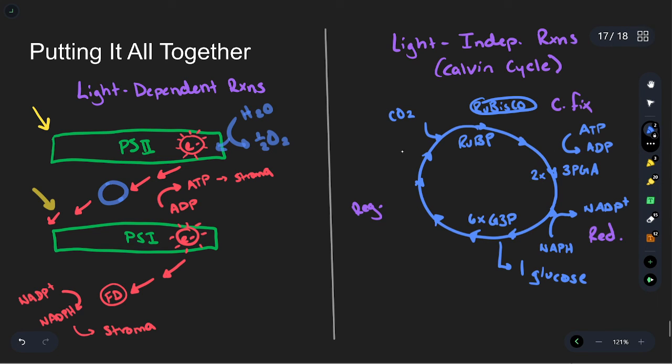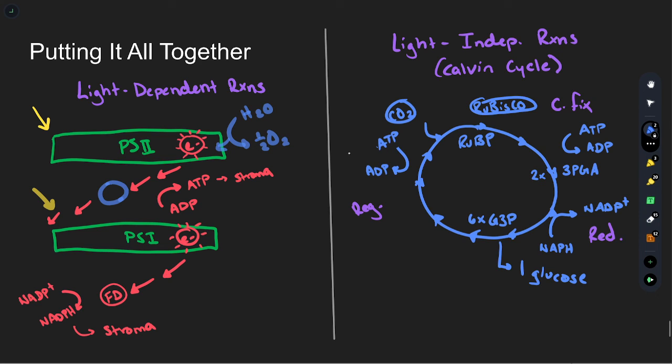In order to do this, we need ATP. So we need to use ATP, ATP to ADP. So this is your Calvin cycle.